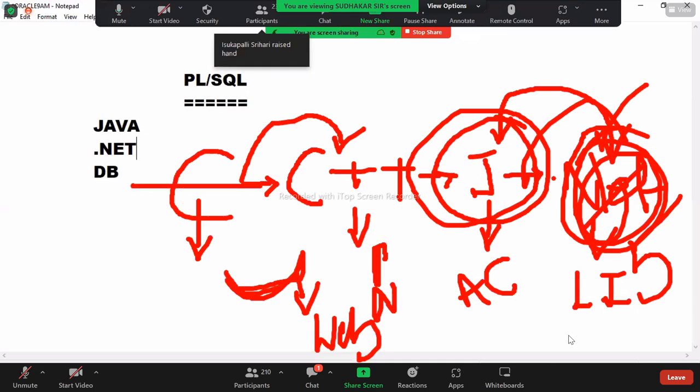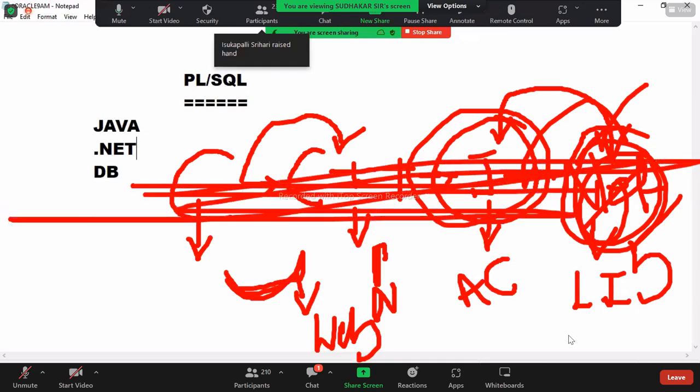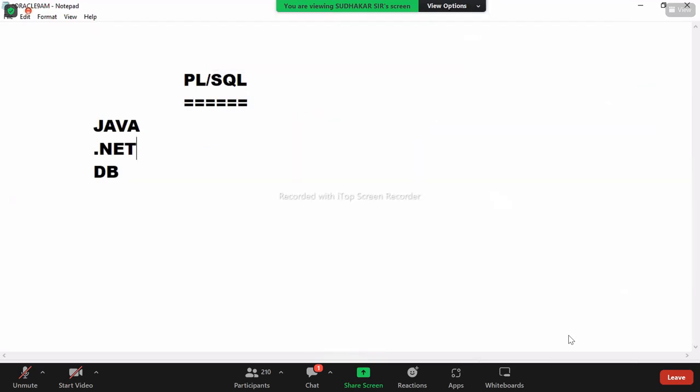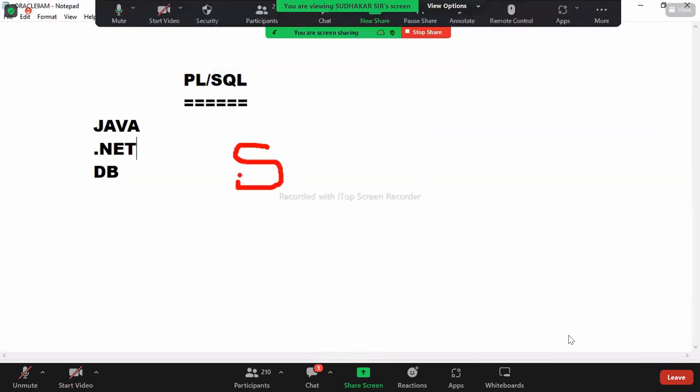My point in telling all this is that when one technology or language is introduced, it is because existing technologies or languages may not support some features or have some drawbacks. Same with our SQL.